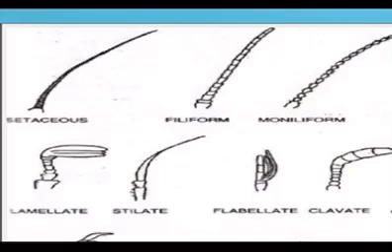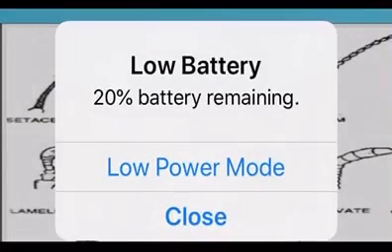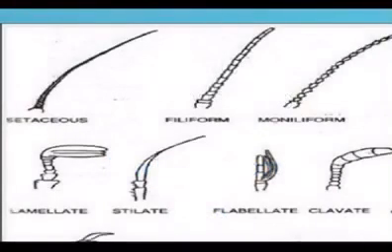Next is lamellate type. In the lamellate type of antenna, the terminal segments of the flagellum modify into leaf-like broad plates, forming a foliate capitulum. Example, Melolontha, Scarabaeidae, etc. of order Coleoptera.